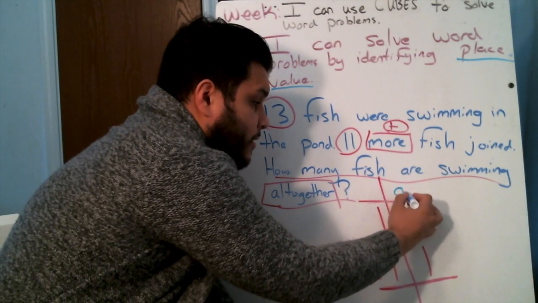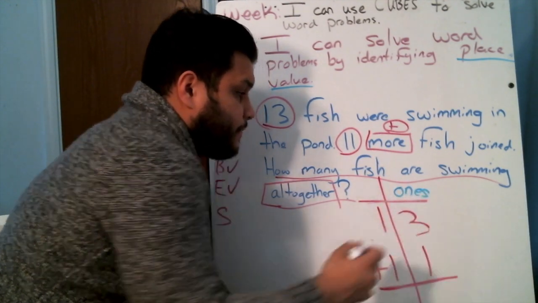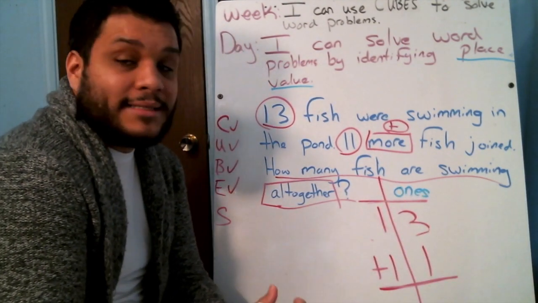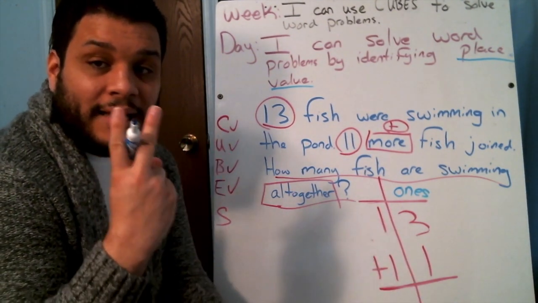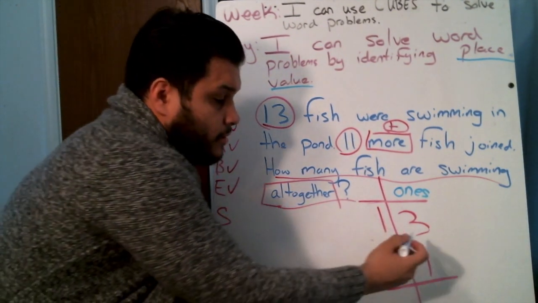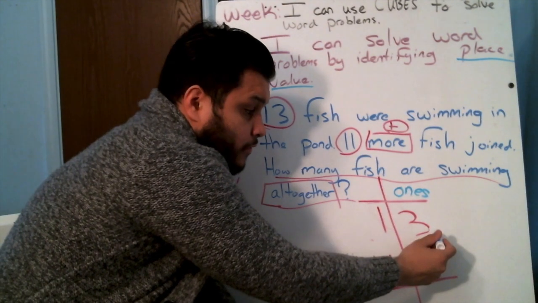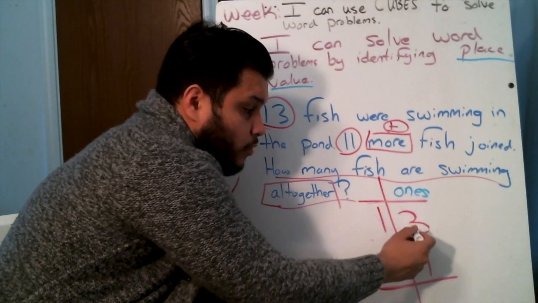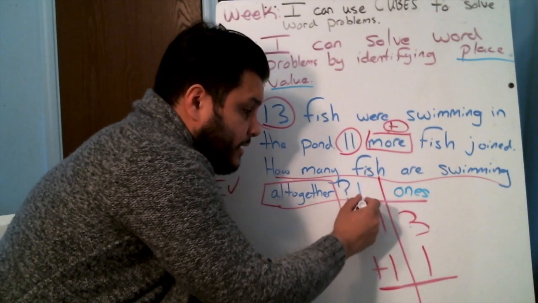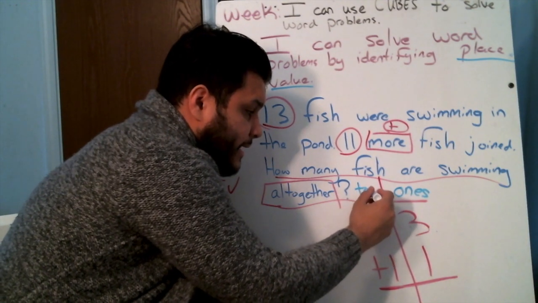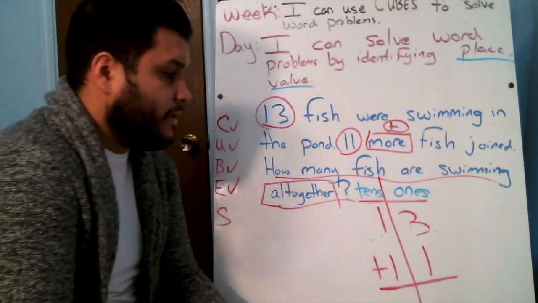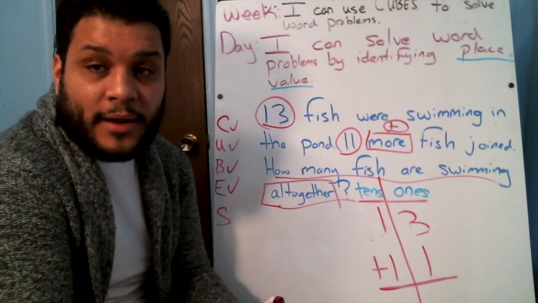This is called my ones place. Then I said that my tens place is the second position to the left. So if I move 2 spaces to the left, I have 1, 2. This is called my tens place.